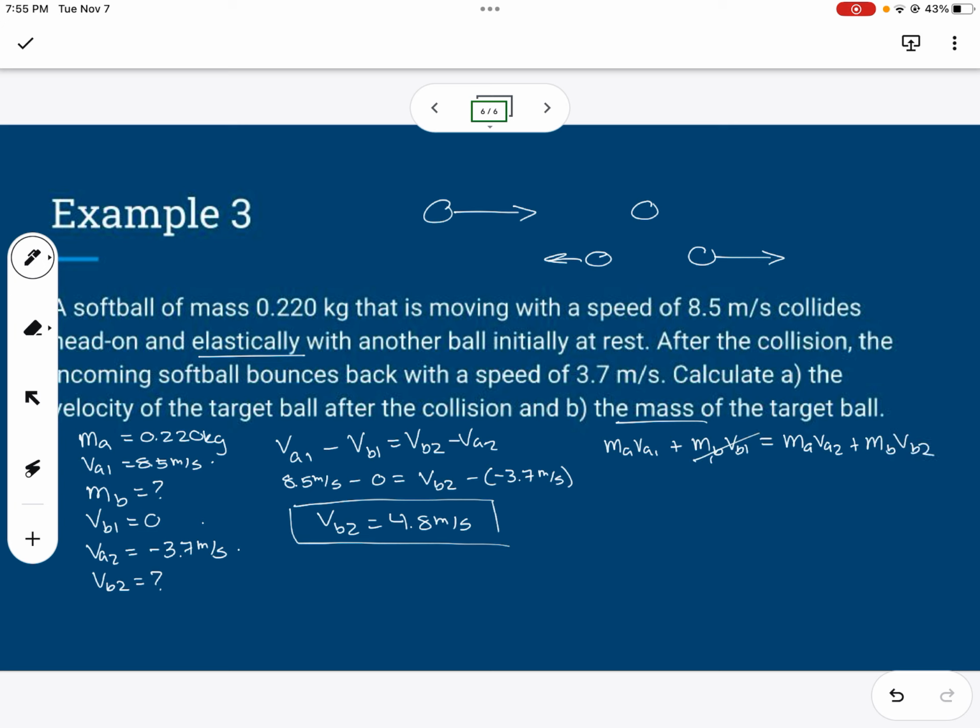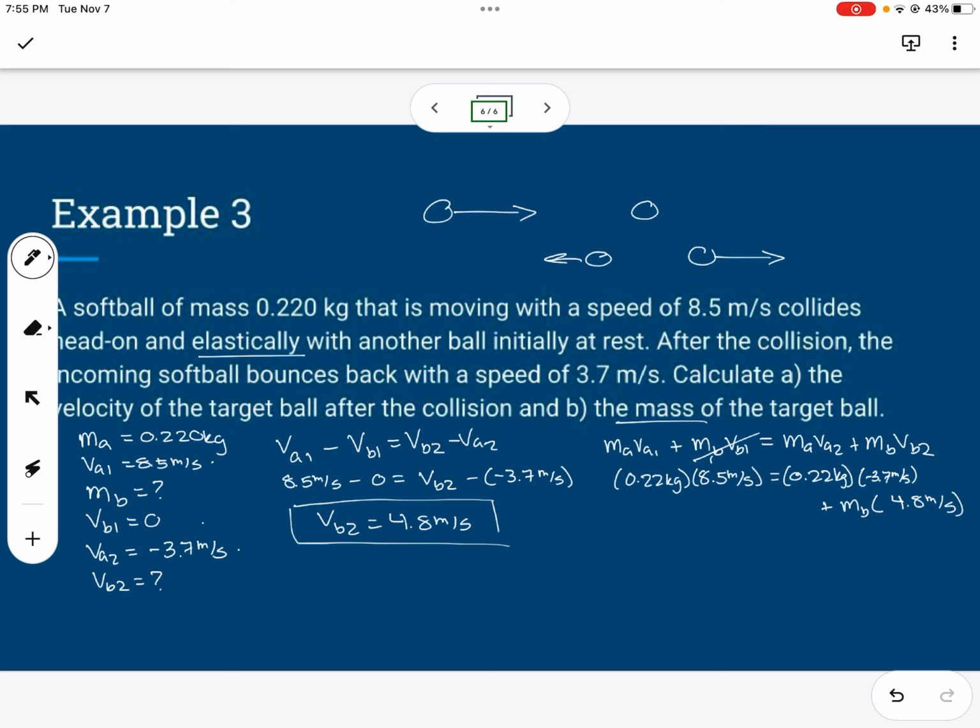I know this whole term cancels out because that one just started at rest. Over here, we're going to get 0.22 kilograms times 8.5 meters per second equals 0.22 kilograms times VA2, which is negative 3.7 meters per second, plus MB, that thing I'm trying to find, times 4.8 meters per second.